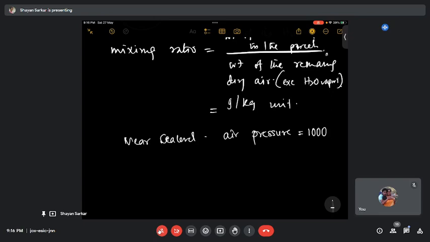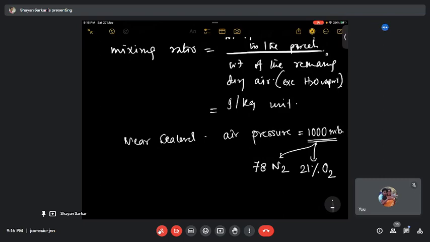This 1000 millibar pressure is exerted by 78% nitrogen, 21% oxygen, and also by 1% water vapor.